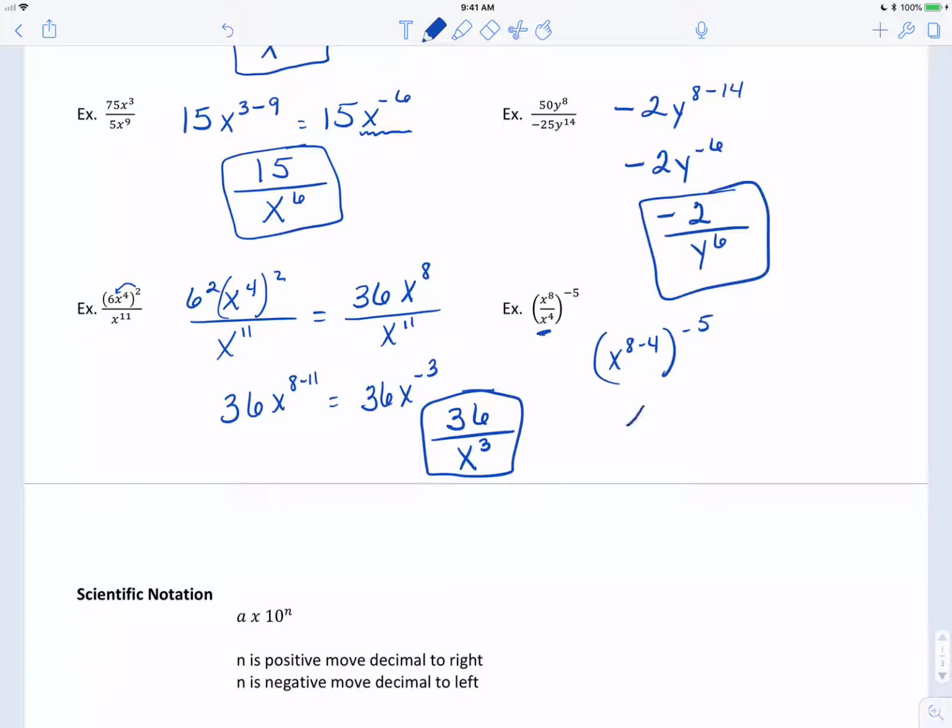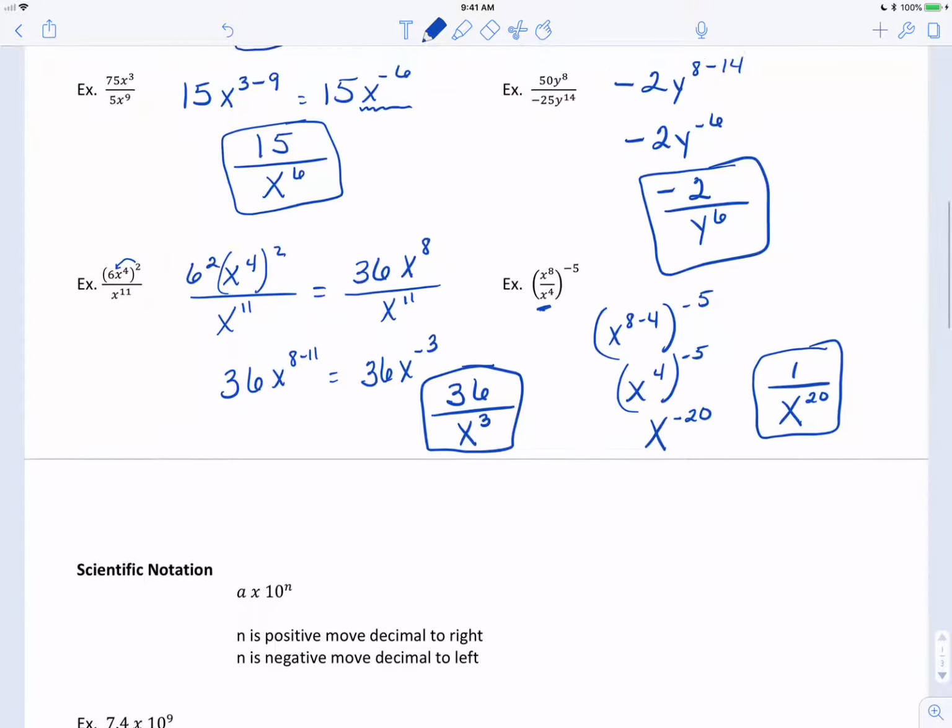So 8 minus 4 is x to the 4th, but he's still brought to the negative 5 power, so that means x to the, multiply 4 times negative 5, so that's negative 20, so that becomes 1 over x to the positive 20. And just know if he's got to go on bottom and there's no other number or variable, you're always just going to put it under 1.